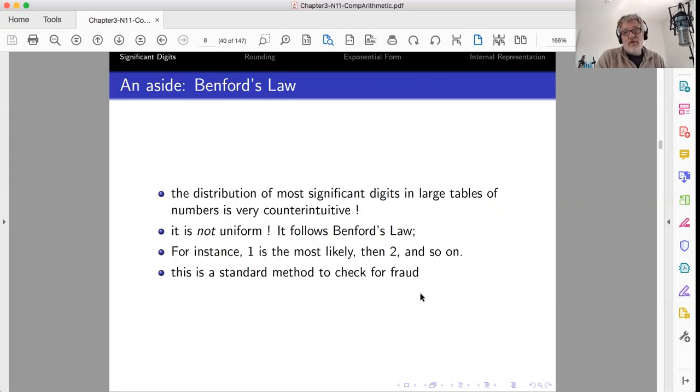And as you go down to 9, these are less and less likely. This is used as a method to check for fraud. There are some very famous examples where tables had actually been manufactured rather than obtained in a natural way. That's another story.